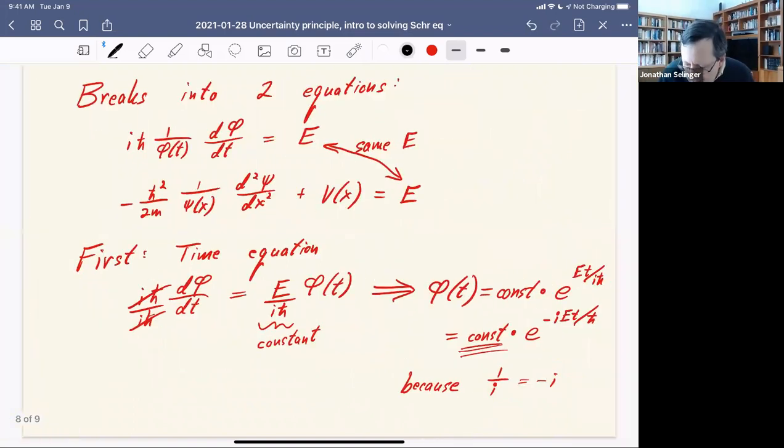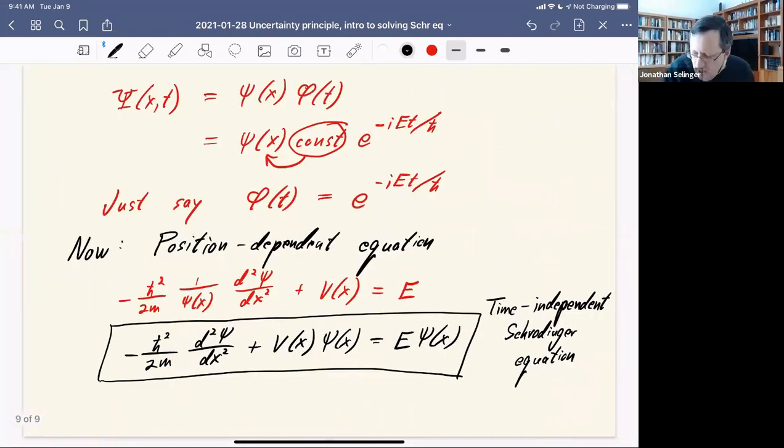Okay? The time-independent equation is what happens if we have partially solved the problem. Okay, so we've partially solved it by solving for the time dependence, and this is what's left that we haven't solved for yet. Okay, and so this is what people mostly work on in quantum mechanics research.